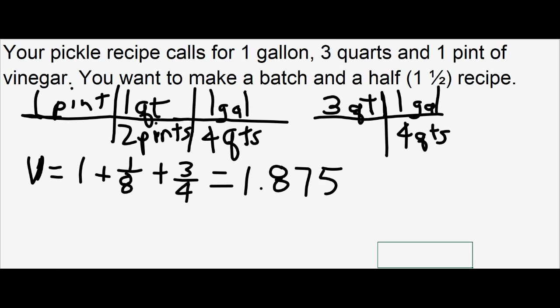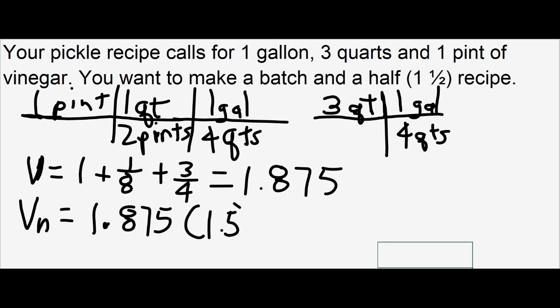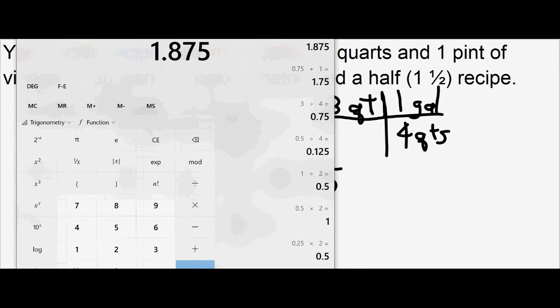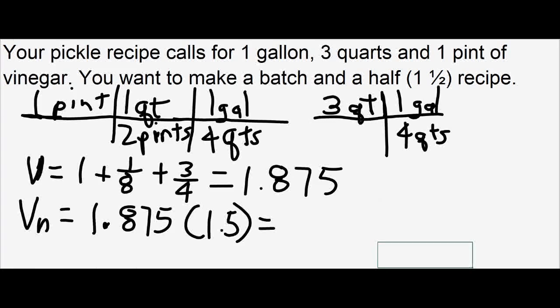My new amount of vinegar, since I want to do a batch and a half, is 1.875 times 1.5. And so now I go back to my calculator, 1.875 times 1.5. 2.8125.